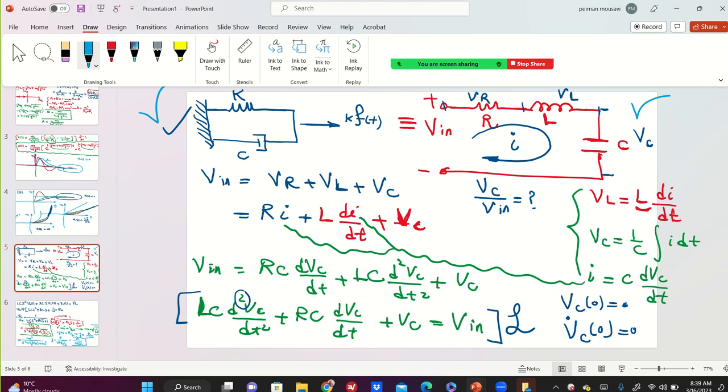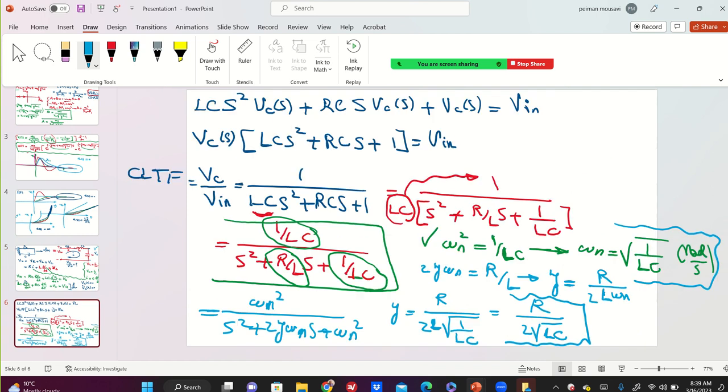They have exactly the same dynamics with different parameters, but we converted the different parameters to our lovely standard form, zeta and omega n. See what I'm saying? Yes, everybody?